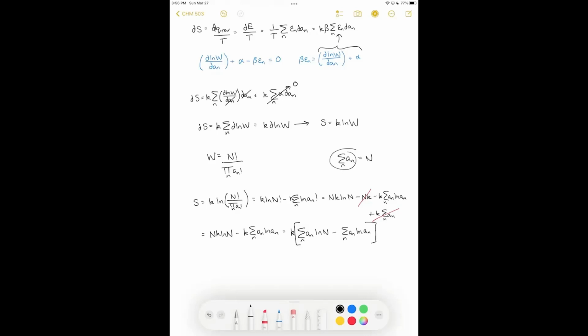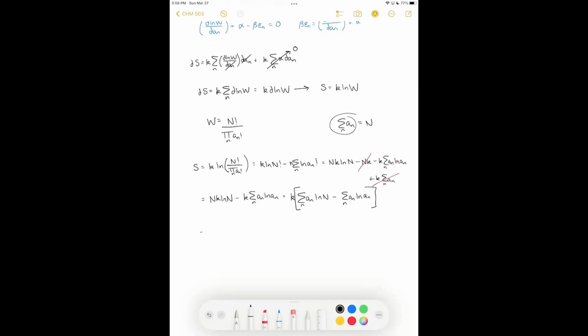We've seen this before, and for reasons that just make the math a little bit easier, we'll pull out a negative 1 here. So we'll say that this is equal to negative k times the sum of a sub n natural log of a sub n over N. So both of these terms have a sum over all our a sub n's, and then we use our log properties to get a sub n over N there.